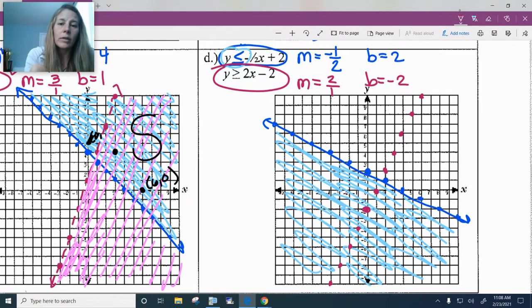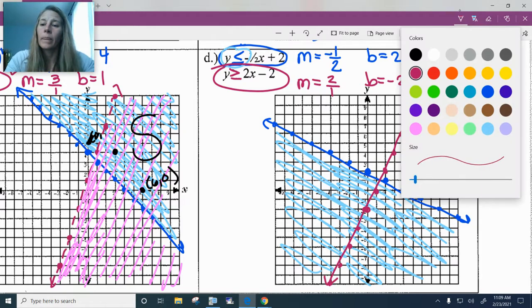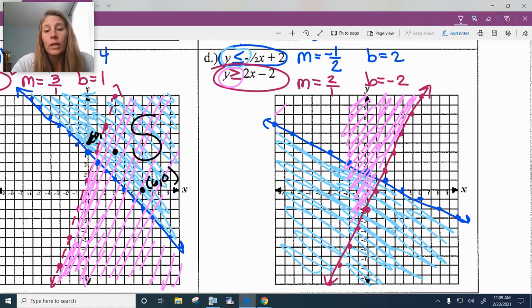And again, we have an inequality sign with the line underneath of it, so it's going to be a solid line. And y is greater than the line, so we're only concerned about the y values, and the y values that are greater are going up. And then we continue shading that side.